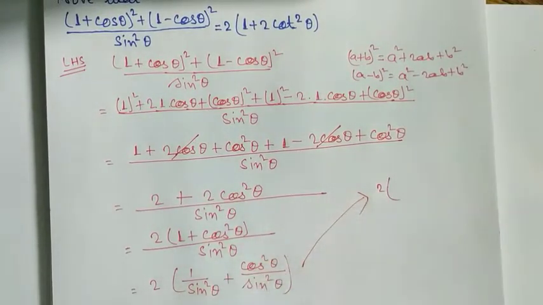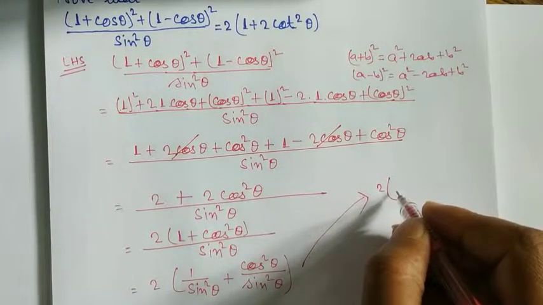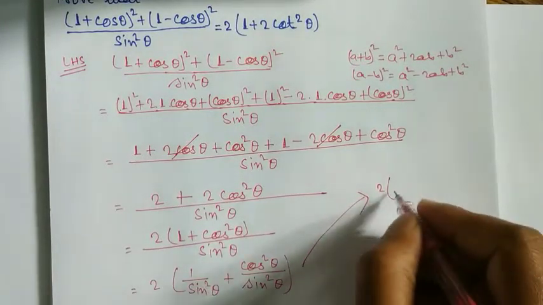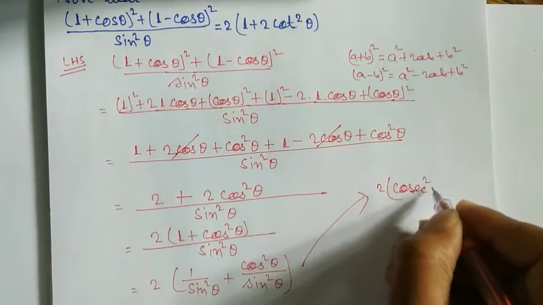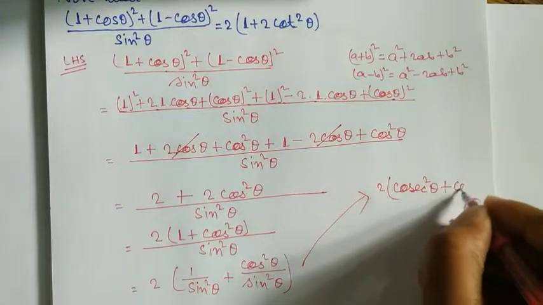Okay, 1 by sin, what is the formula of 1 by sin? Cosec. 1 by sin means cosec. So here it is square, so we can write cosec square theta plus cos square theta by sin square theta means cot square theta.